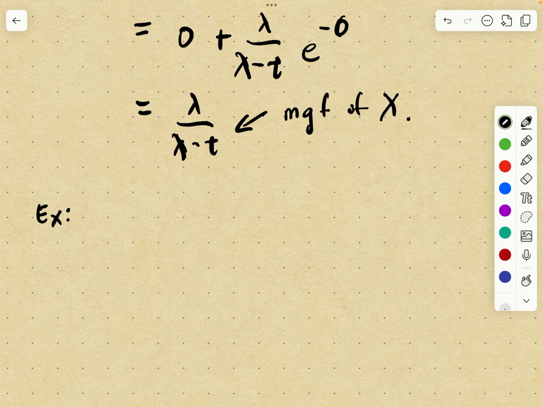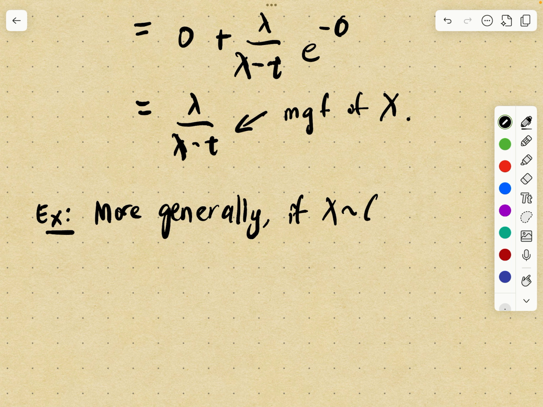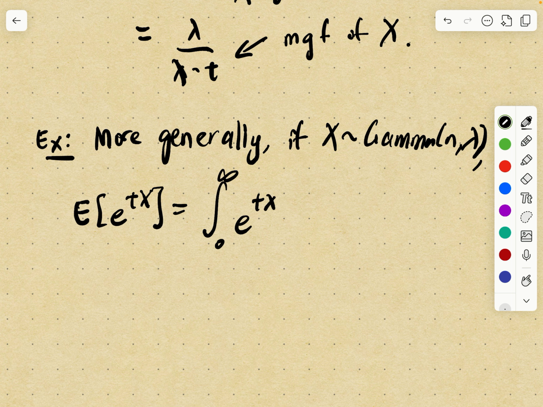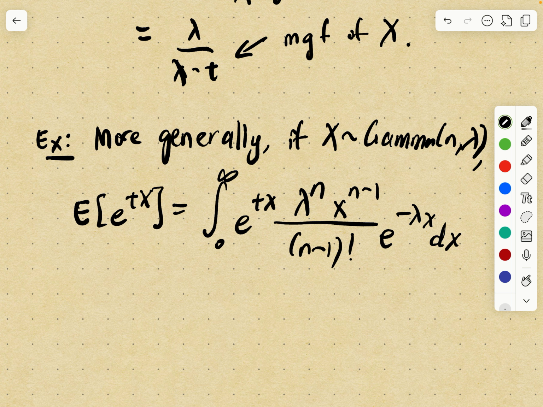Remember that when n is 1, this reduces to the exponential distribution. So if x has a gamma distribution with parameters n and lambda, the moment generating function, the expectation of e to the tx, is the integral from 0 to infinity of e to the t x, lambda to the n, x to the n minus 1 over n minus 1 factorial, e to the minus lambda x dx.